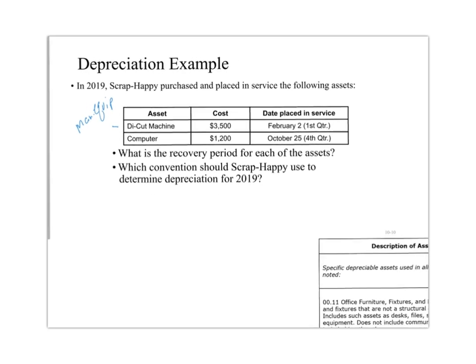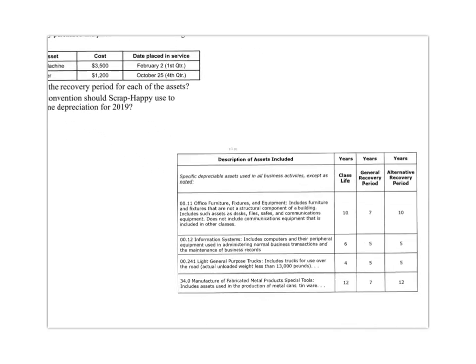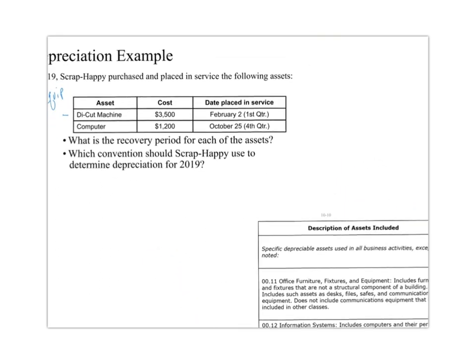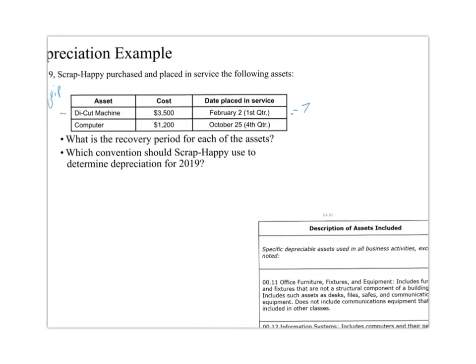All right, so in order to figure out the recovery period, we need to come over here. And remember, we're going to look at this middle column, all right? And what do we have? Manufacture of metal products. So this die cut machine is 7 years, all right?